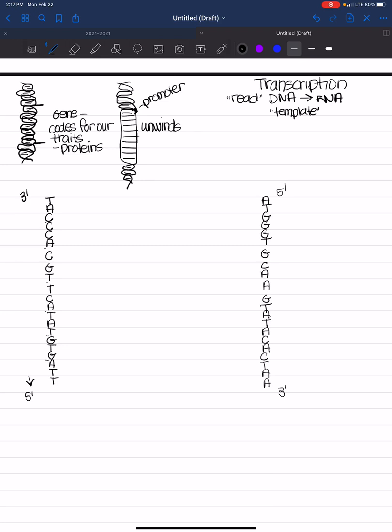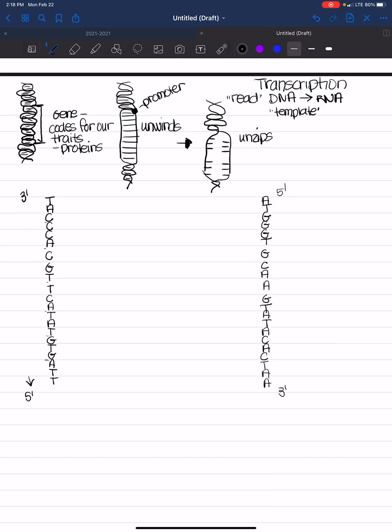And that's just a starting place on the gene. The next thing that has to happen is that the DNA molecule needs to unzip at the location of the gene. So the DNA molecule unzips at the location of the gene. So just this area here of our DNA strand that's part of a chromosome.